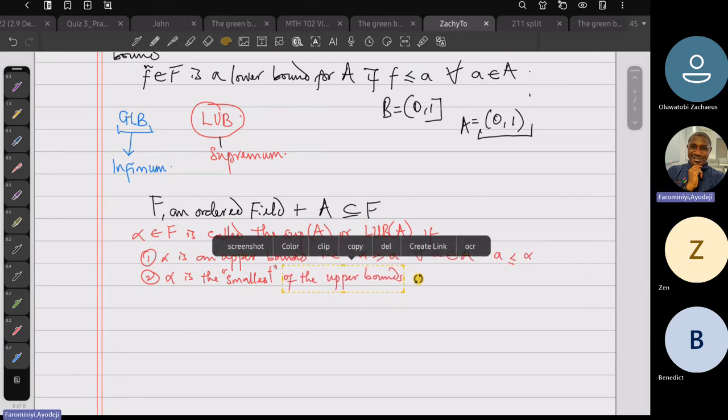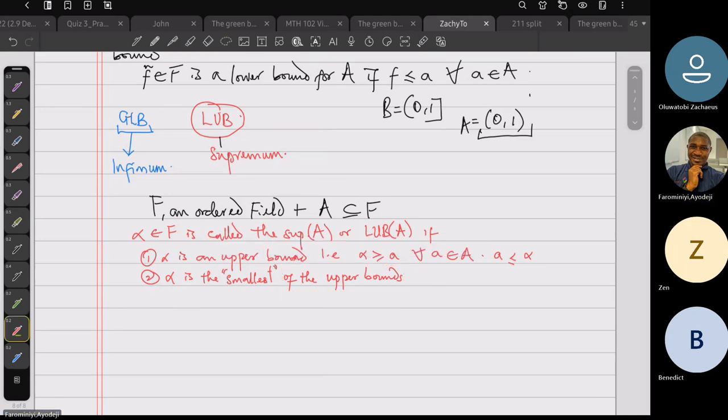So technically, what does that mean? It means that if there is any other upper bound, i.e., if alpha prime is another upper bound, then alpha prime must be greater than alpha, or greater than or equal to. But because we have said another, I can use greater than.